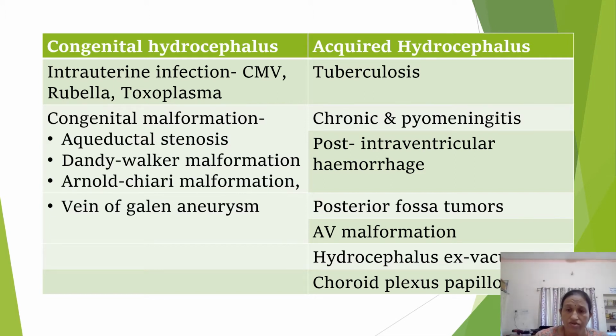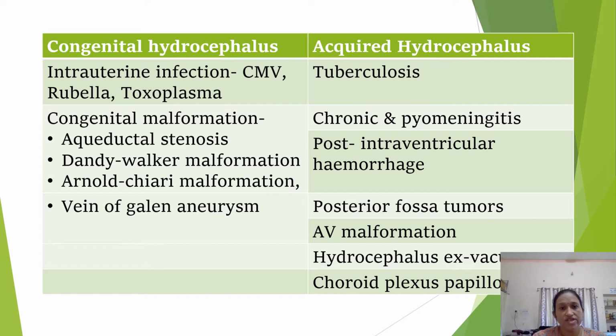Hydrocephalus may be there because of posterior fossa tumors, because posterior fossa tumors will obstruct the pathway of the CSF. Okay, so that will lead to hydrocephalus. Then arteriovenous malformation may be there. Choroid plexus papilloma causes increased secretion of the CSF, so that is also a cause of hydrocephalus.